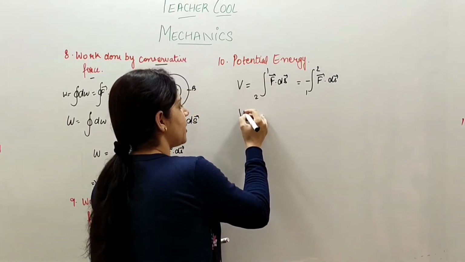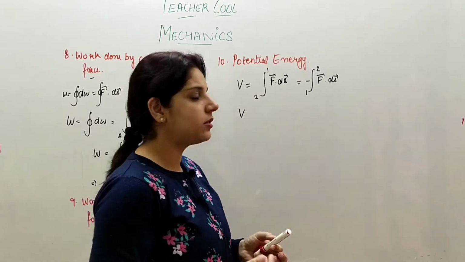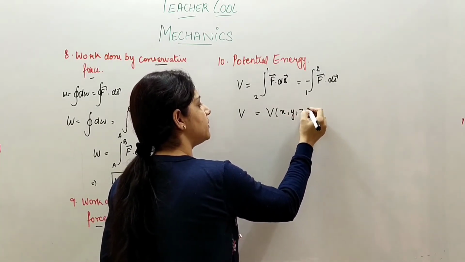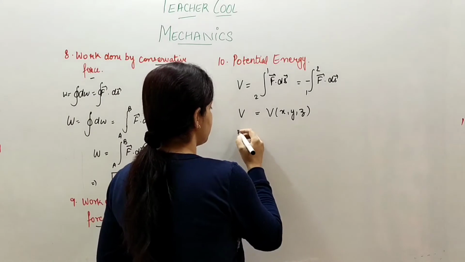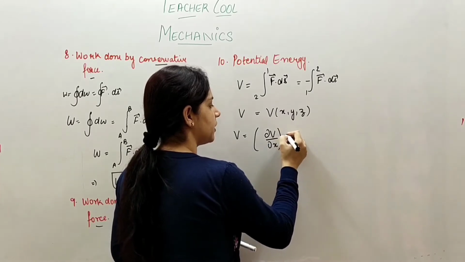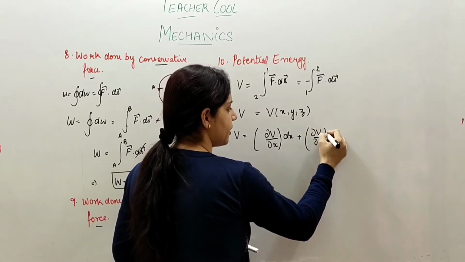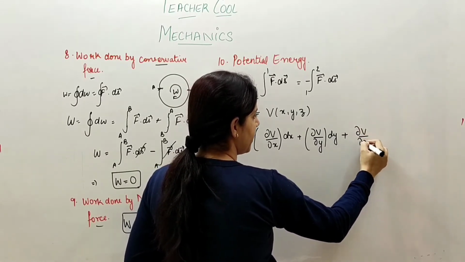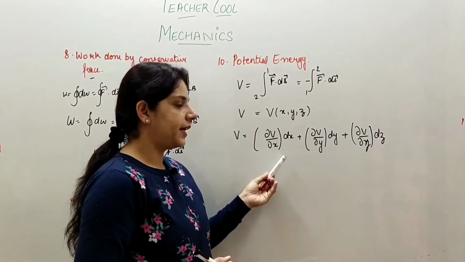Now we say potential energy, since it is dependent on the spatial parameters, so I can say potential energy is a function of x, y and z, which in terms of partial differentiation, I can say the expression for V will be del V by del x into dx plus del V by del y into dy plus del V by del z into dz, right?